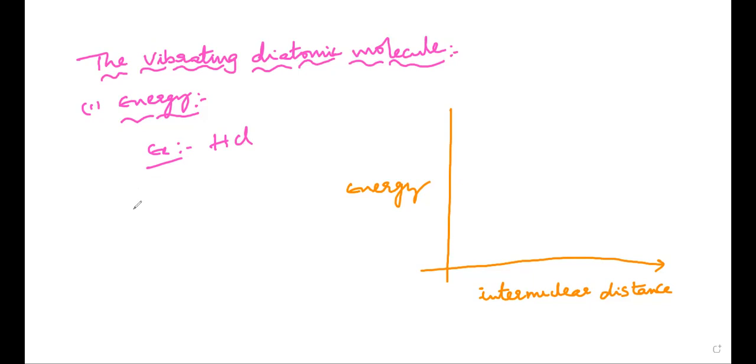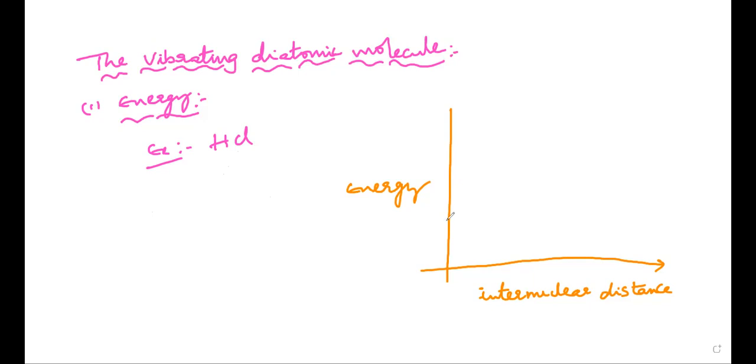So the two atoms settle at a mean internuclear distance, that is H and Cl, such that these forces are just balanced and the total energy of the whole system is minimum.